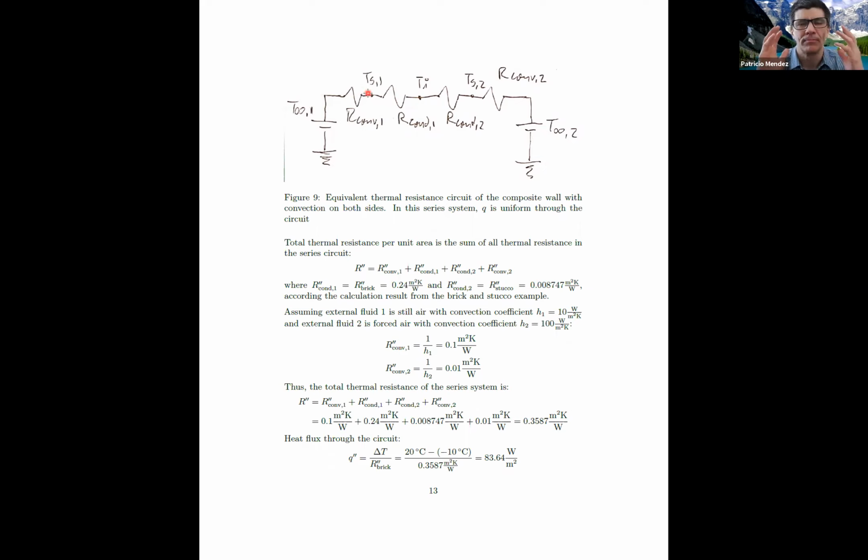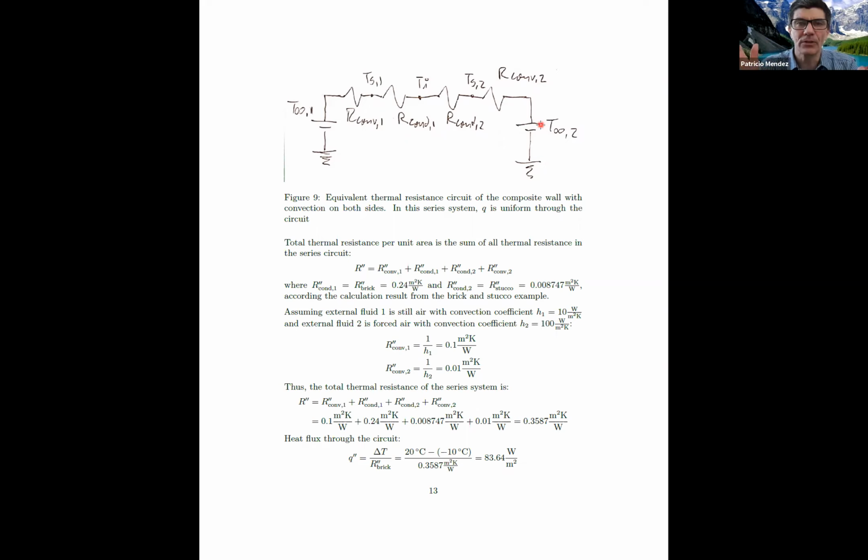So we have been building little by little: 1 wall, 1 resistor; 2 walls, 2 resistors; 2 walls with convection inside and outside, 4 resistors. The batteries are the same as before, the ones that give us the temperature of the air inside and the temperature of the air outside.